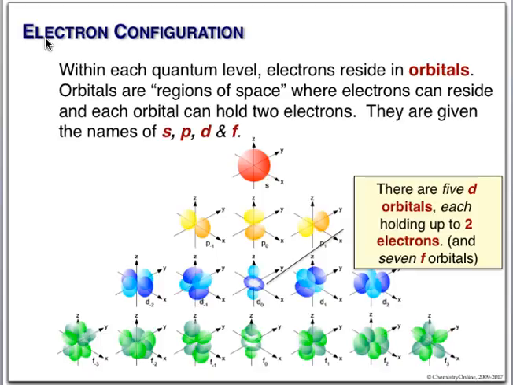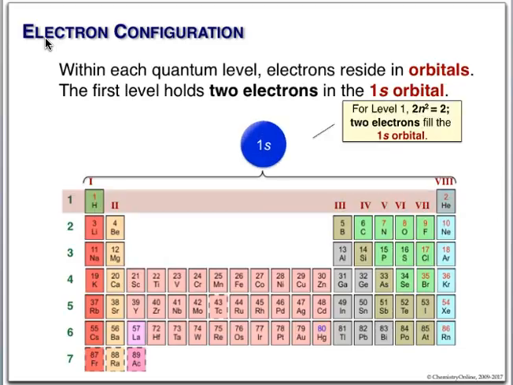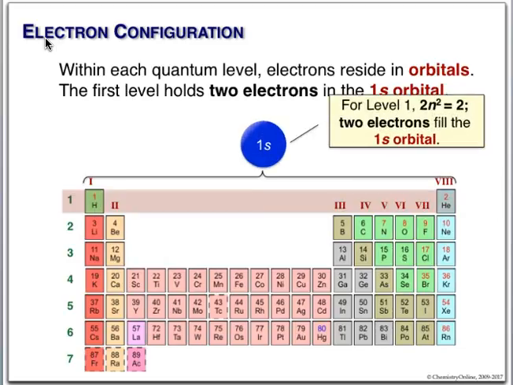What I'm going to do is look at the periodic table. Remember how funny our periodic table looks? And we're going to explain why it looks that way based on orbitals and energy levels. Our first energy level here, going across, this is hydrogen and helium.